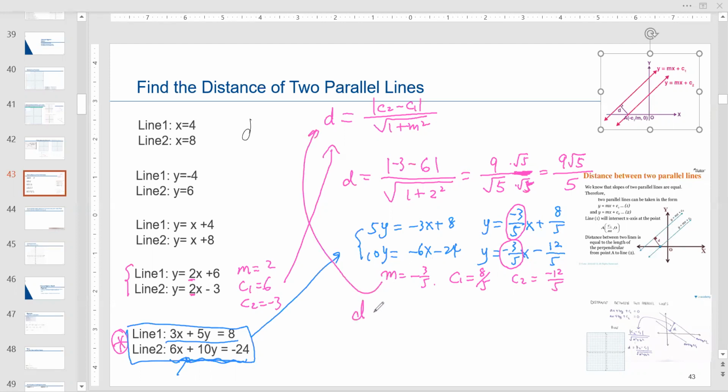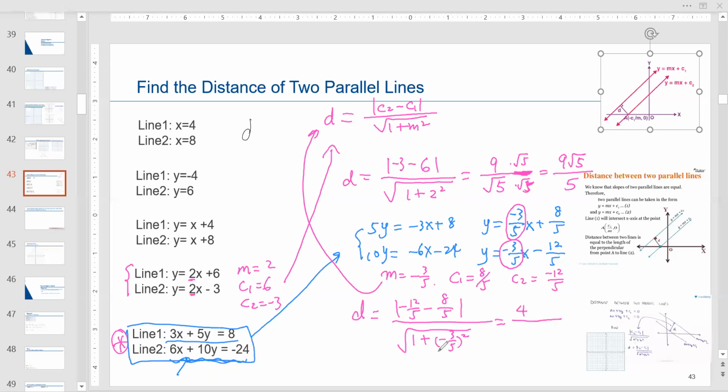So D equals C2, which is -12 over 5, minus C1, over the square root of 1 plus m squared, where m is -3 over 5. So the top part is 20 over 5, which gives 4, right?